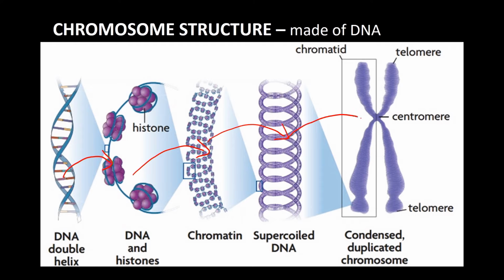And that ball of DNA is your chromosome. And the chromosome consists of 2 halves called a chromatid, and the 2 chromatids are joined by a centromere.